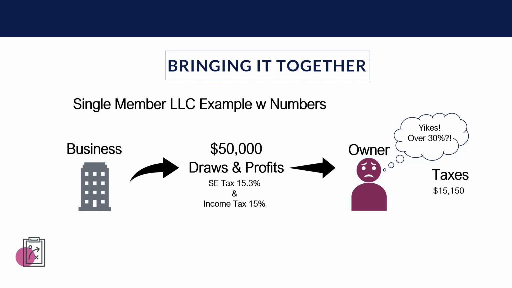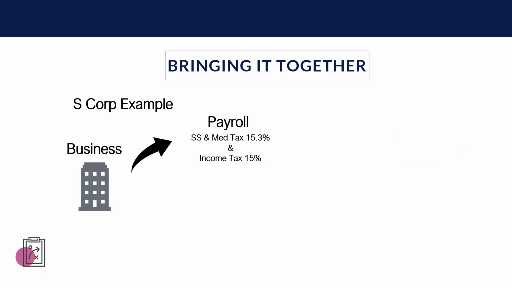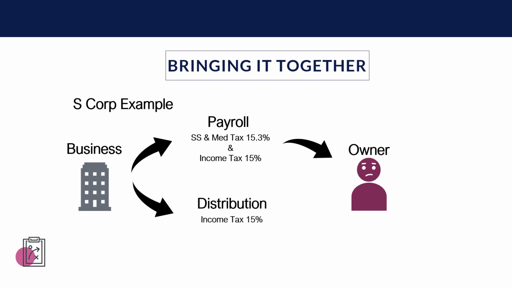Now let's look at an S Corp scenario where the owner is pulling out half of their compensation as a wage and half as owner's distributions. The payroll portion is going to have those same income and self-employment taxes applied to it, the full 30%. But the owner's distribution is only going to be subject to income taxes, the 15%.